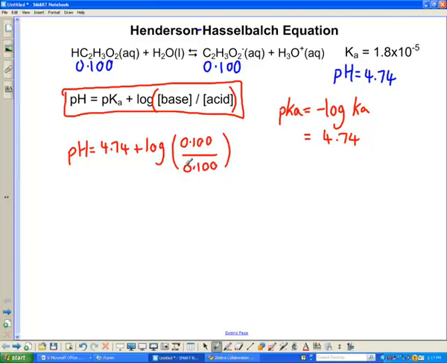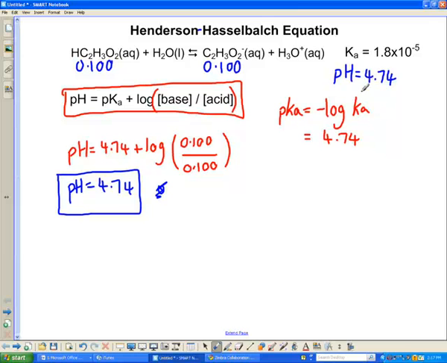Now remember what happens when you take the log of 1, because 0.1 divided by 0.1 is, of course, 1. What's the log of 1? Well, of course, the log of 1 is 0. So therefore what that means is the pH is equal to 4.74 plus 0. The pH of your buffer is 4.74, exactly what we just set up here.